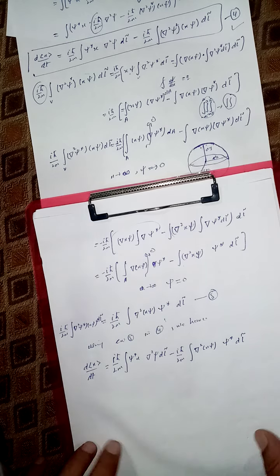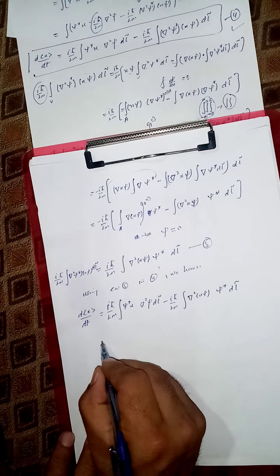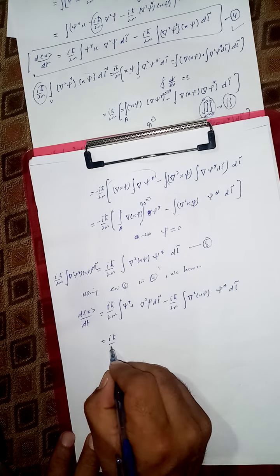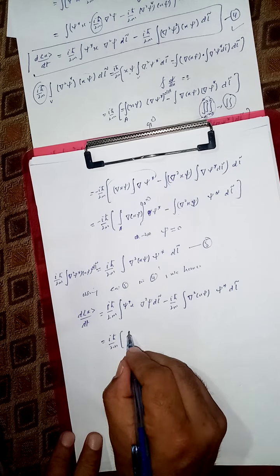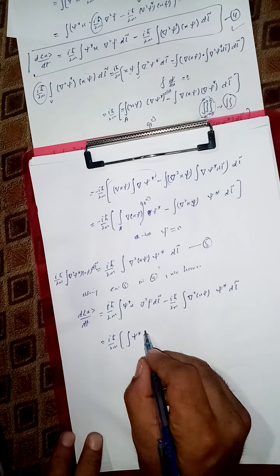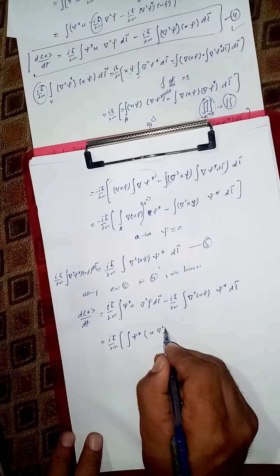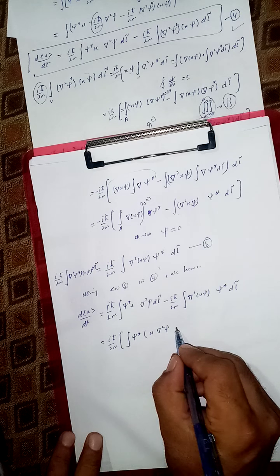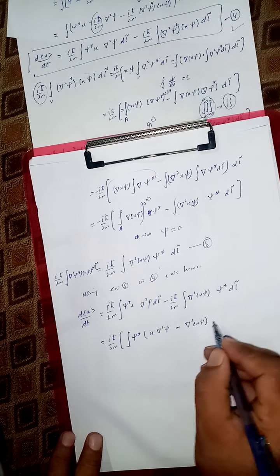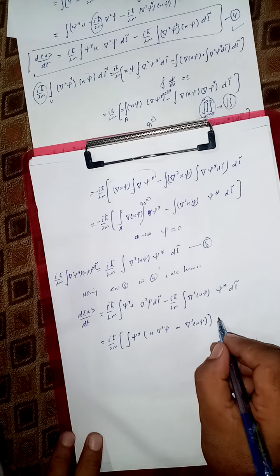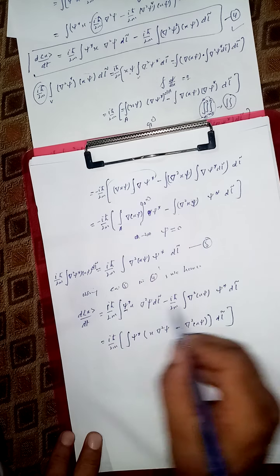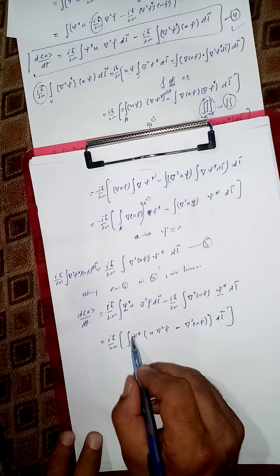This can be written as iota h bar over 2m. Iota h bar over 2m is common, so we can bring it outside, and we have the integral of psi star. I will keep it outside, so we have x del square psi minus del square x psi, and we have d tau. Psi star is also common, I bring it outside.